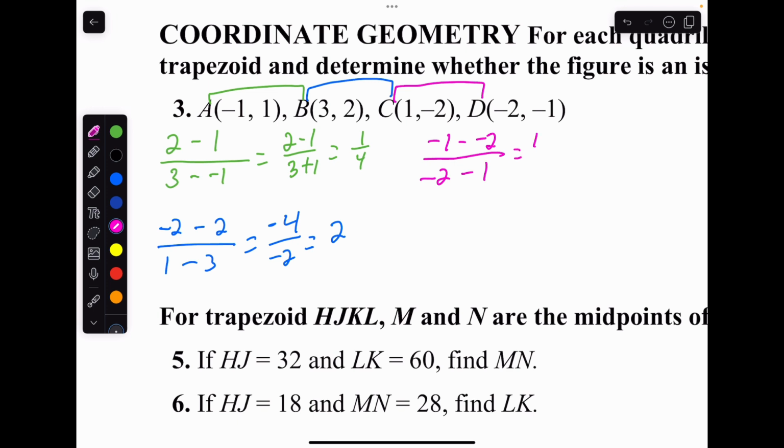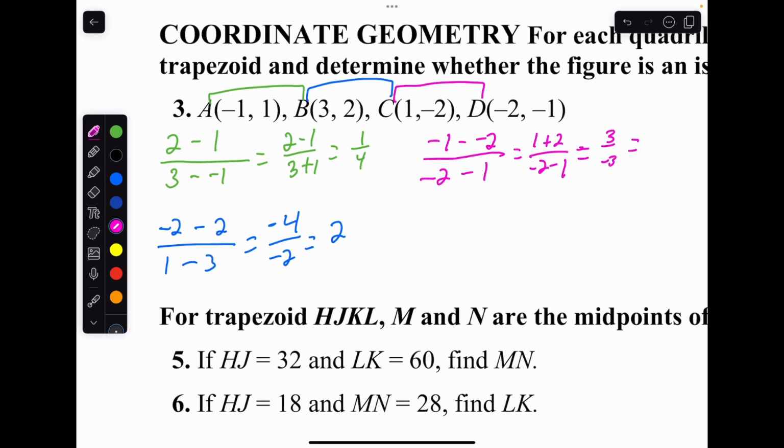So on this one I have a 1 plus 2 over a negative 2 minus 1. This is a 3 over 4. No, sorry, a 3 over negative 3.